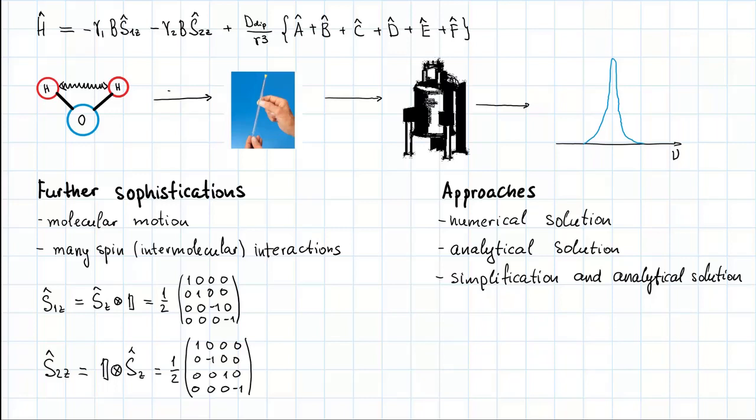One such simplification is to preserve just one term in the spin-dipolar interaction Hamiltonian, namely the term A. Hence, we arrive at the Hamiltonian, which consists of Zeeman interaction of both spins with the magnetic field B, and the spin-dipolar interaction term, which is obtained by omitting B, C, D, E, and F operators in the curled parentheses in the Hamiltonian expression above.